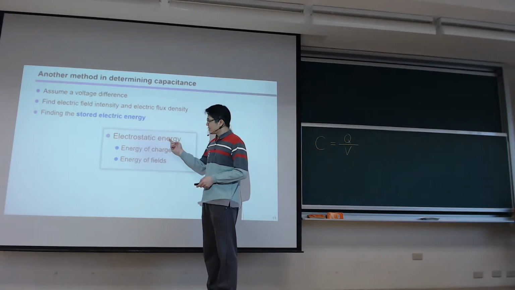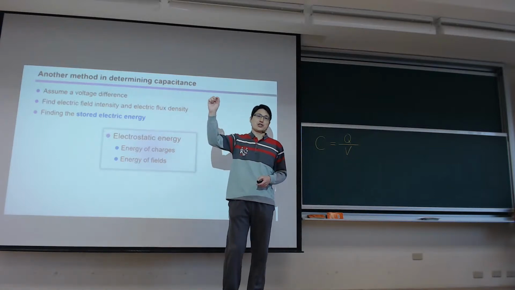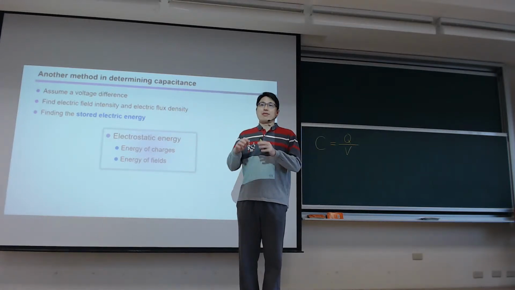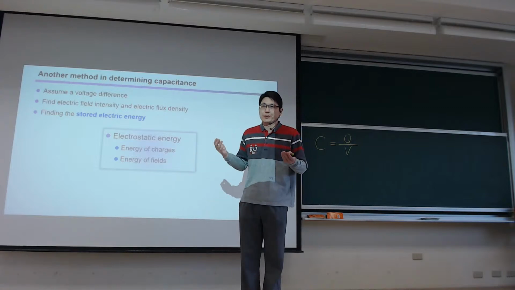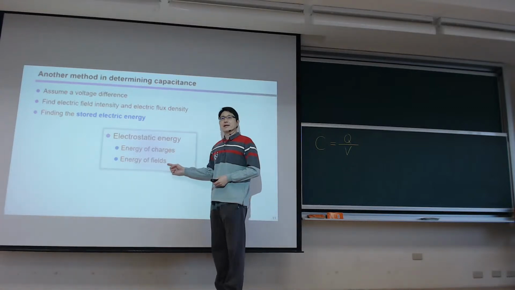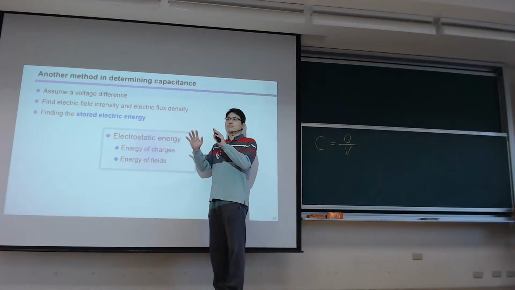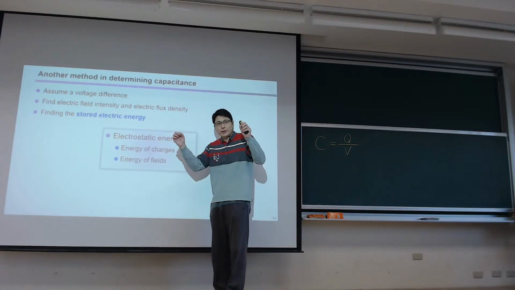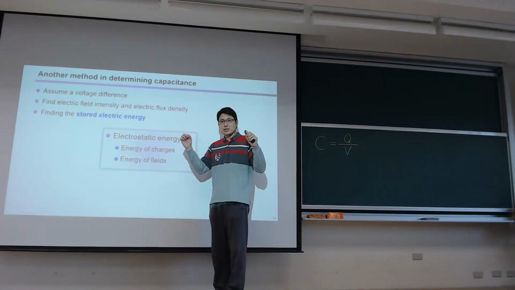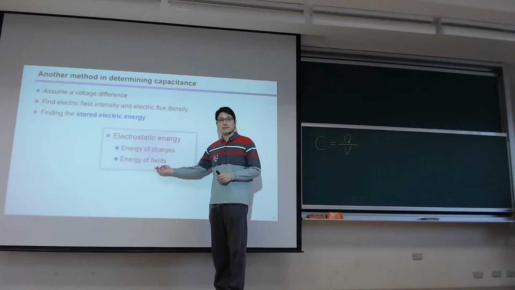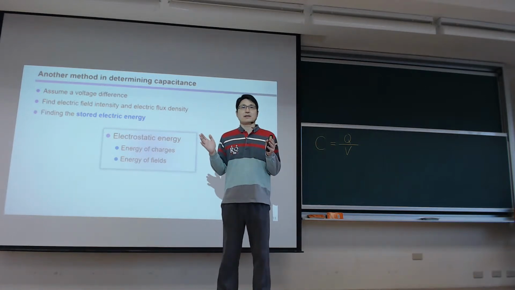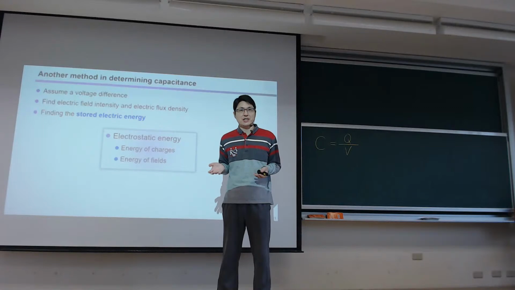So electrostatic energy can be stored in charges, right? If we have a charged particle, it can set up some kind of field distribution, and therefore energy is being stored. On the other hand, if in space we don't really have charges, we don't have the real particle that contains charges, but we do have fields, that space can also be said to be a field with energy.